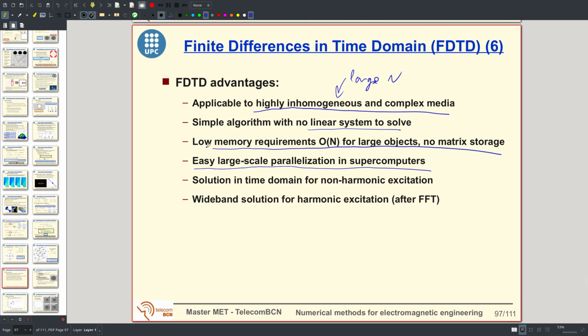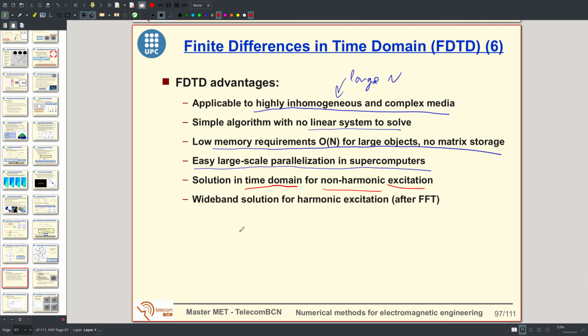So it's very good for programming in supercomputers. So you can solve extremely large problems using this method. Of course, it's a solution in time domain that is very good if your excitation is non-harmonic. If your excitation is a pulse, obviously it's the best method because you get directly the time domain solution.